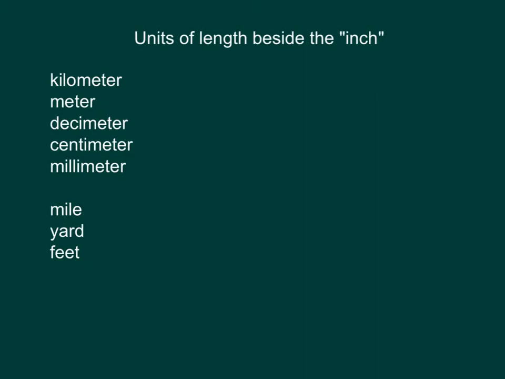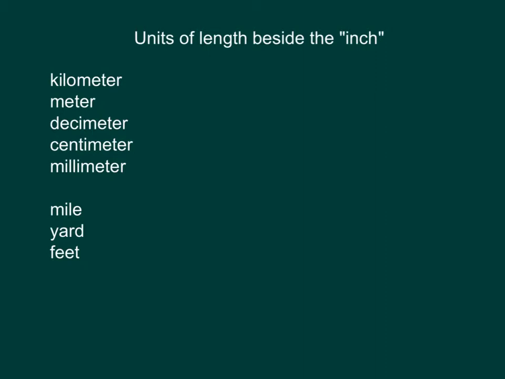First we have the kilometer. Next we have meter, decimeter, centimeter, and millimeter. Boys and girls, I placed these in order from the largest to the smallest. Then below those, I wrote down the mile, the yard, and feet.